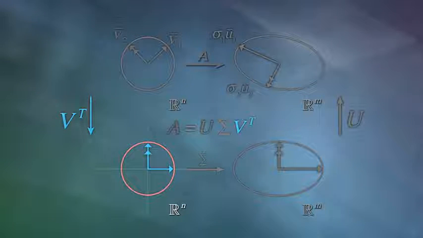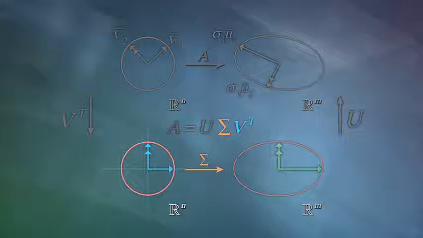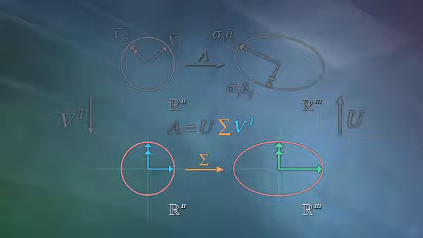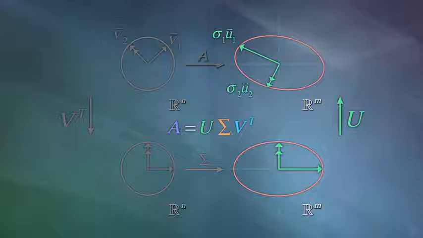Then, multiplying by the diagonal matrix sigma just scales each axis direction by the corresponding singular value. So that turns the unit circle in the bottom left picture into an axis-aligned ellipse in the bottom right picture. And now we need another rotation that takes the standard basis to lie along the principal axes of the ellipse.